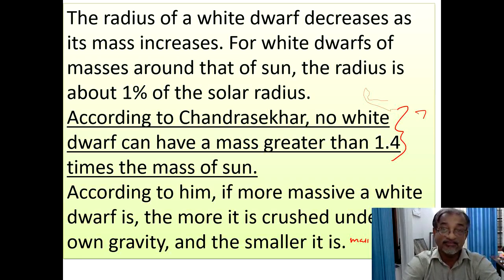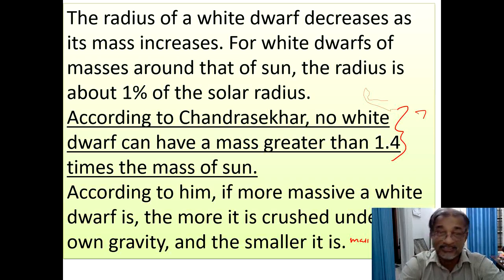According to Chandrasekhar, no white dwarf can have a mass greater than 1.4 times the mass of sun. So the maximum mass possible for a star which is converting to white dwarf is 1.4 times that of the mass of sun.